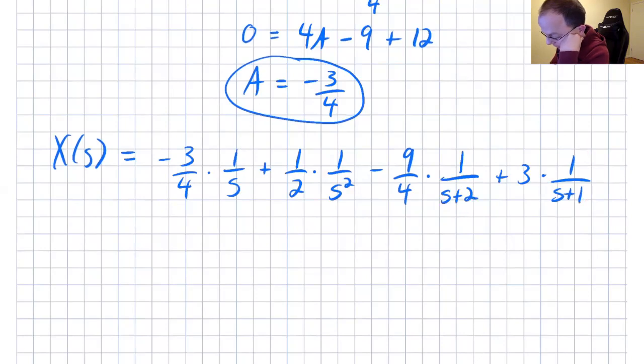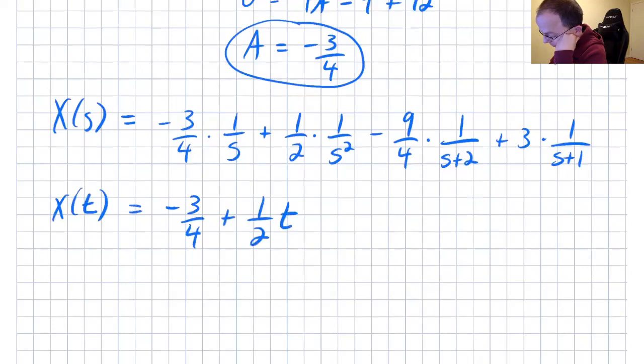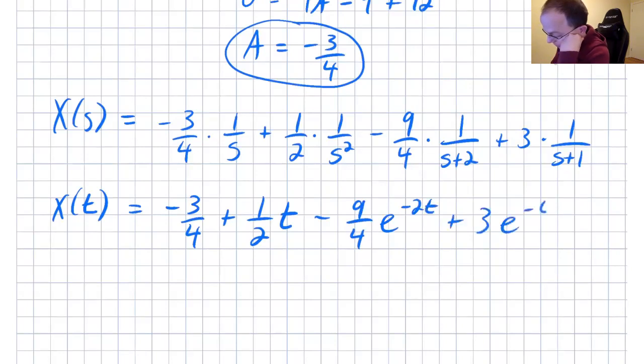So let's just write that out. The inverse Laplace transform gives us negative 3 over 4 times 1 plus 1 over 2 times t minus 9 over 4 e to the negative 2t plus 3 e to the negative t.